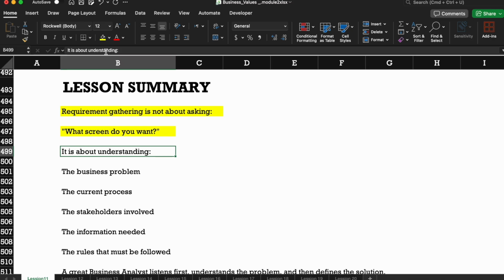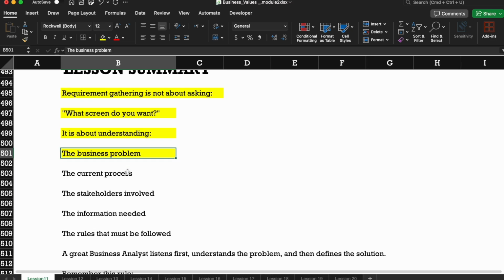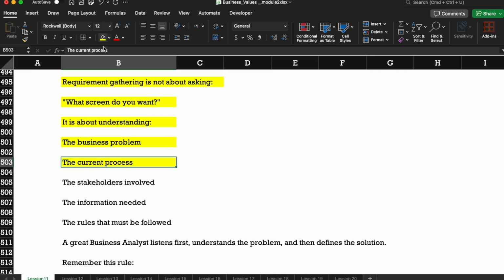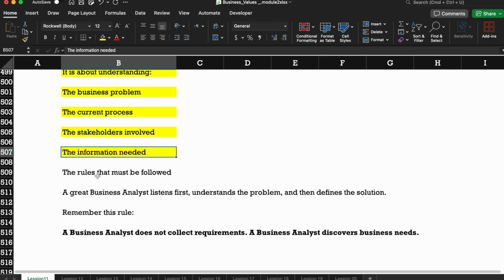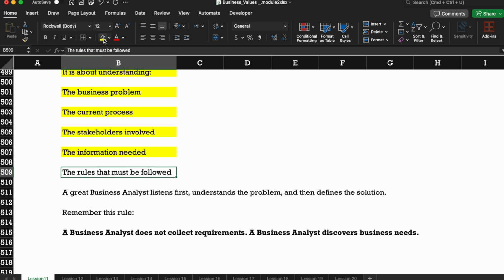No, it's about understanding the business problem: the current process as is, the stakeholders involved, the information needed, and the rules that must be followed. A great business analyst first listens, understands the problem, and then defines the solution.